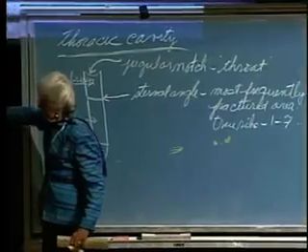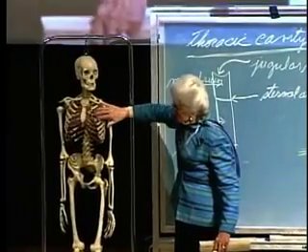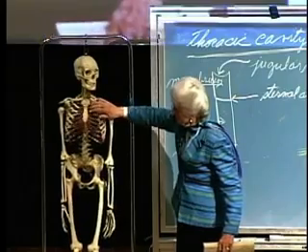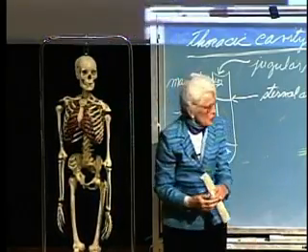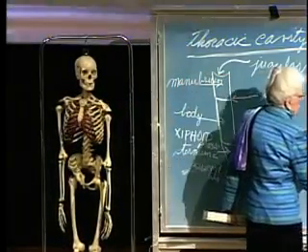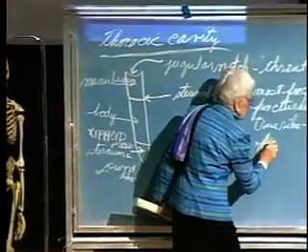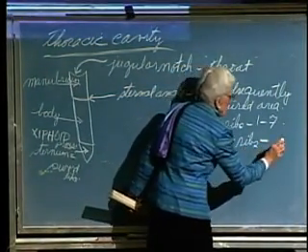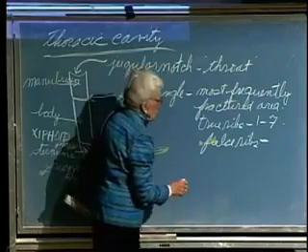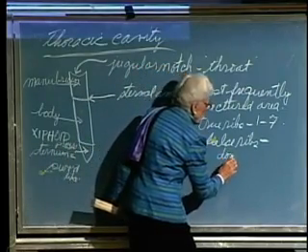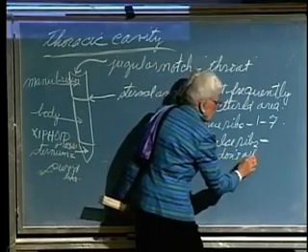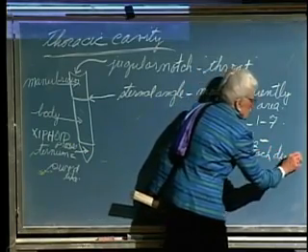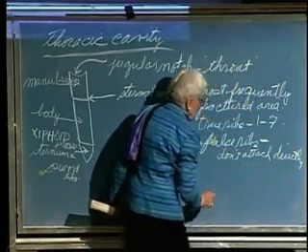Because their costal cartilage attaches directly to the sternum. Then we have 5 false ribs. They don't attach directly to the sternum.